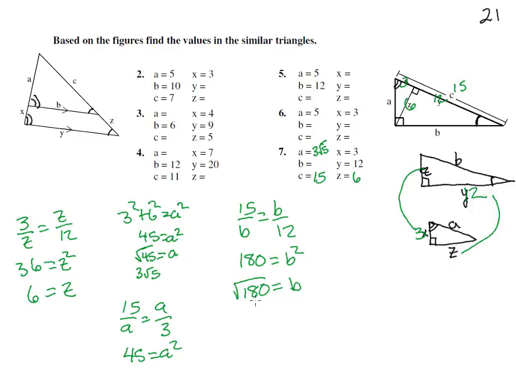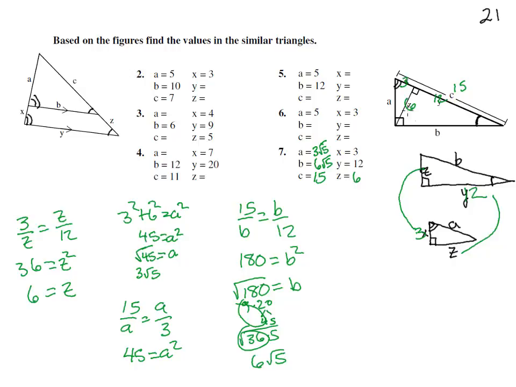This is 9 times 20, and that's 4 times 5. So this is 36 times 5, and the square root of 36 is 6, so 6 square roots of 5. So b is going to be 6 square roots of 5.